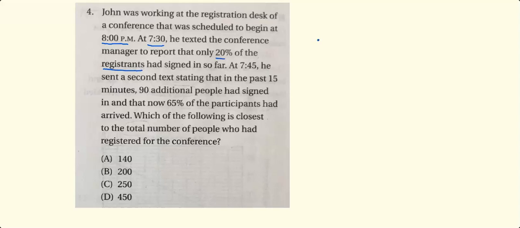So let's use 0.20 times X, where X represents registrants. At 7:45, he sent a second text saying that in the past 15 minutes, 90 additional people had signed in.